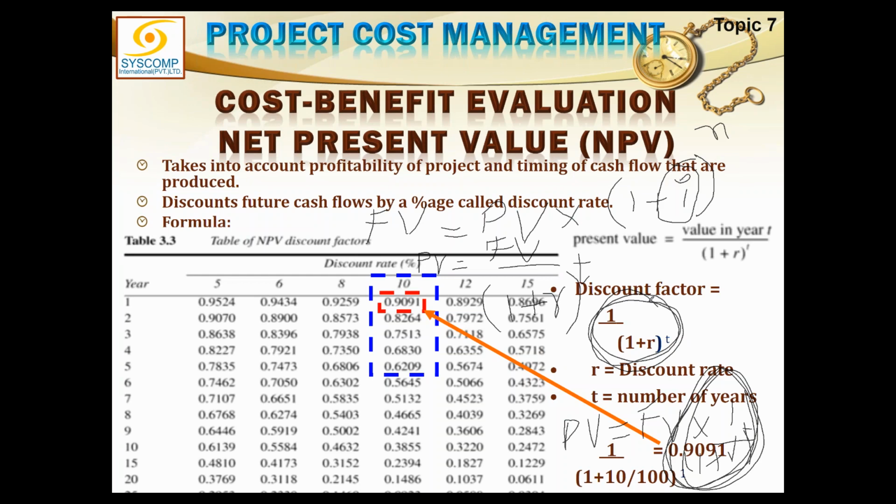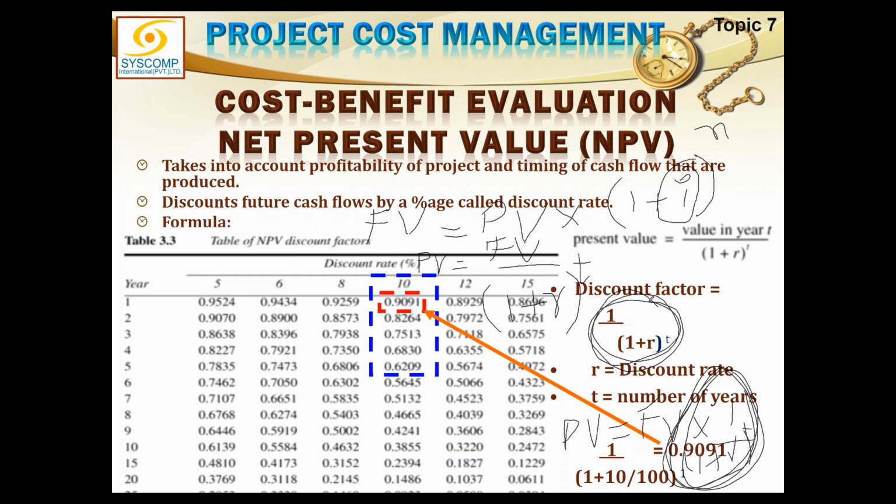Are you clear? 1 divided by 1 plus R raised to the power T is my discount factor. Do you agree with that? And this whole discount factor is actually being multiplied by future value. So if I somehow can calculate the value of the discount factor, whatever it comes, I will multiply it by future value. It will give me present value.